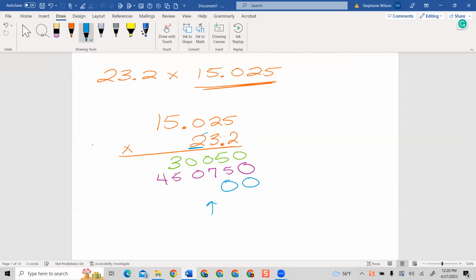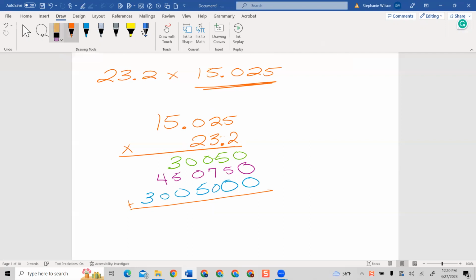Now I have 2 times 5 is 10, carry the 1. 2 times 2 is 4, plus 1 is 5. 2 times 0. 2 times 5 is 10 again, carry the 1. 2 times 1 is 2, plus 1 is 3. Now I'm going to add all those up, get the sum, and clean it up just a little bit.